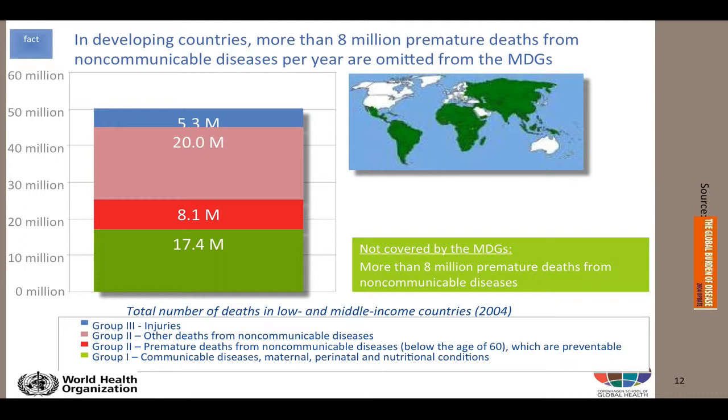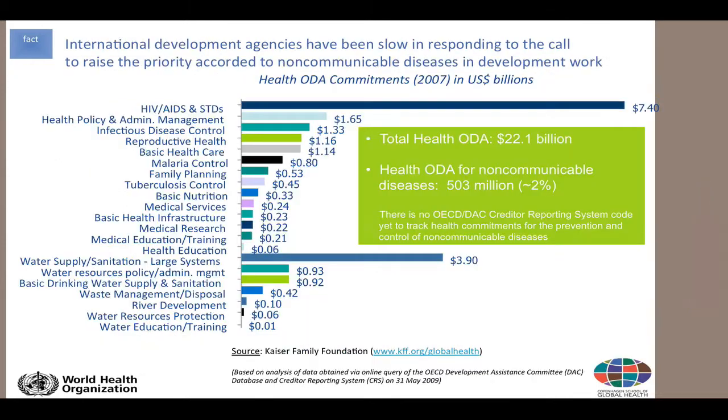And therefore you find now in the post-2015 discussion, on what should replace those MDG goals, the NCD lobby being very strong, saying that in a new round NCDs need to be represented in one way or the other.